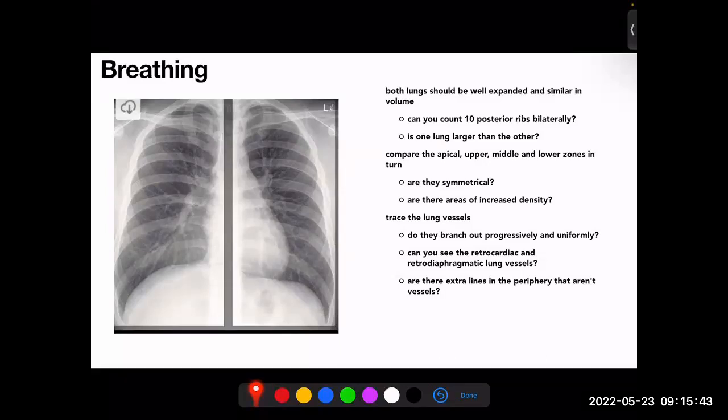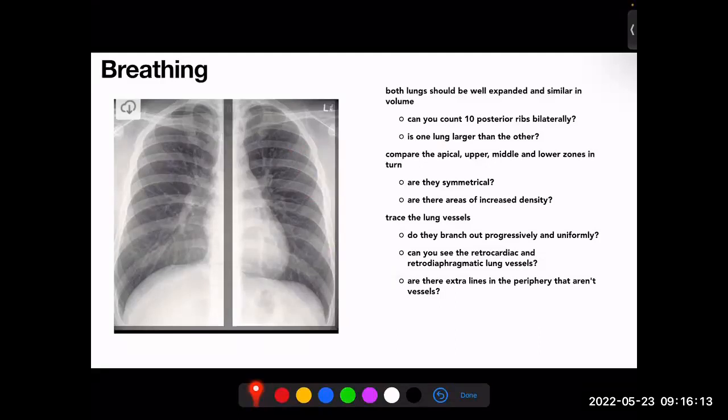So if you look at these ribs up here, around this area is the spine. So they go back, then you meet them at the sternum. So you count 1, 2, 3, 4, 5, 6, 7, 8, 9, and 10. You are supposed to count to 10.